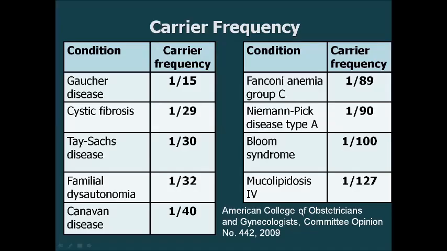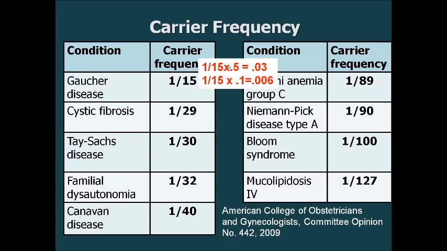This slide shows the carrier frequency for those Ashkenazi Jewish conditions that the American College of Obstetricians and Gynecologists recommended for either testing or offering the test in the Ashkenazi Jewish population. From this slide we can apply those same mathematics to get at residual risk.